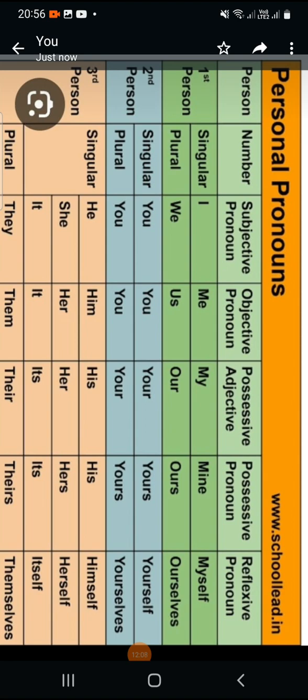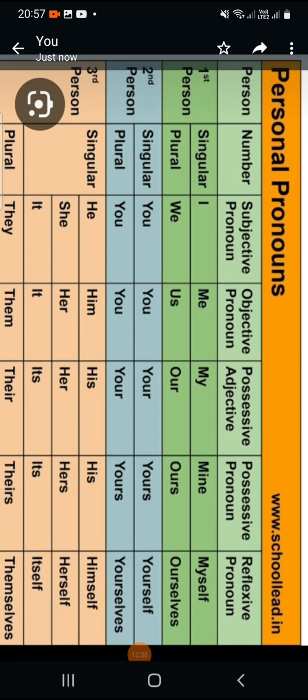So what you have to say, they have scolded me, right? I have scolded him. So I always comes before scolded, means before the verb, right? So please take care that reflection of I after the verb, I becomes me, we becomes us, you is common. You is singular, you is plural, you is subject, you is object. You don't have to do much with you.